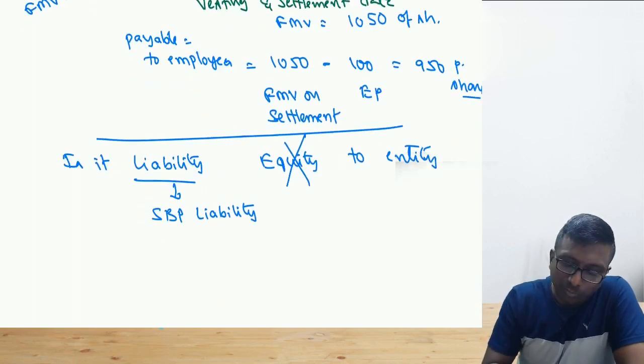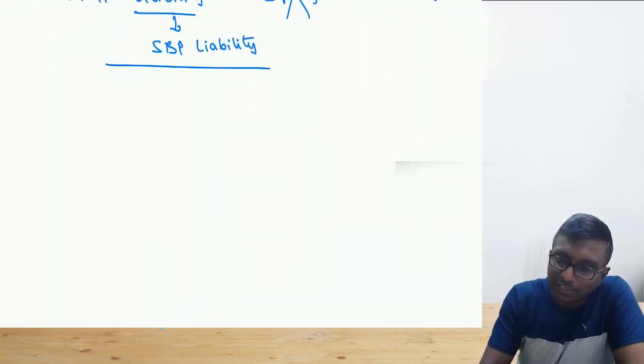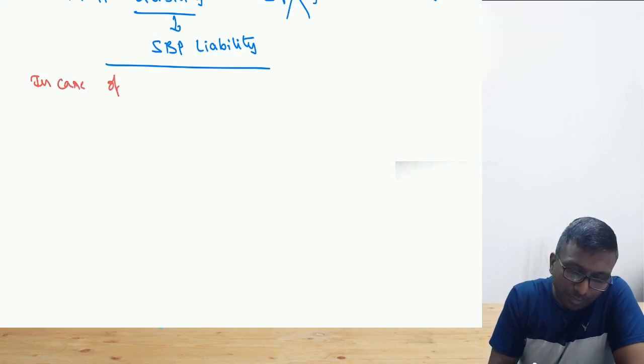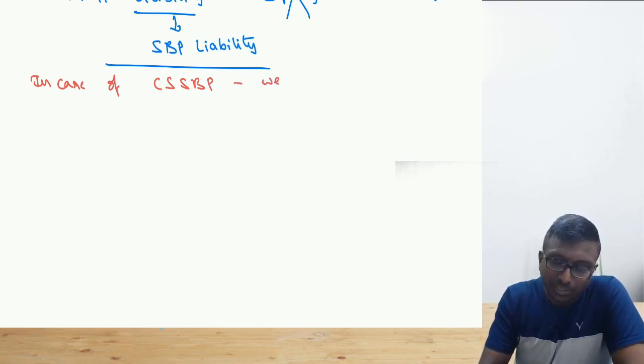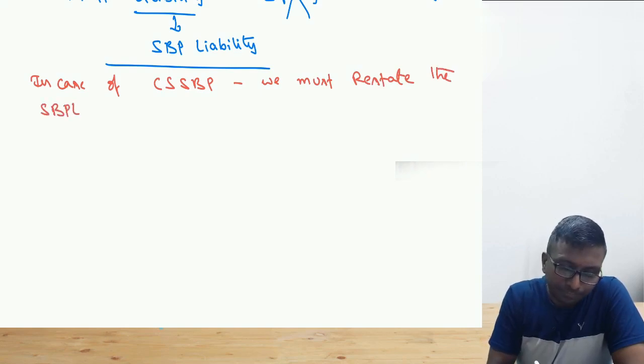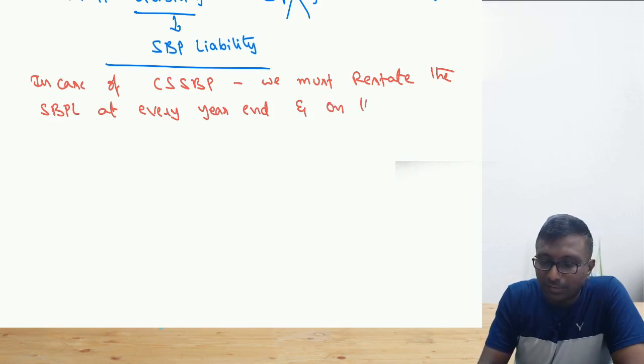So that's why, what are you supposed to do? In case of cash settled SBP, we must restate the SBP liability at every year end and on the date of settlement.